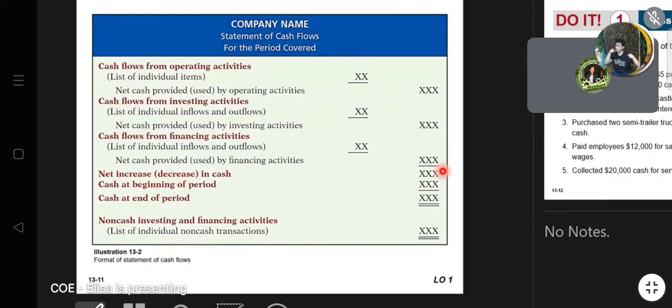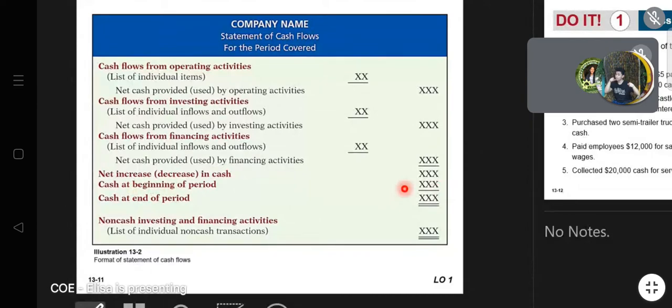But if positive, assuming this is negative and this is positive, and assuming this one is positive, it means there's a net increase in cash. However, for consistency, we always put increase, and then in parenthesis decrease. And then from here, we add our cash at beginning of the period.